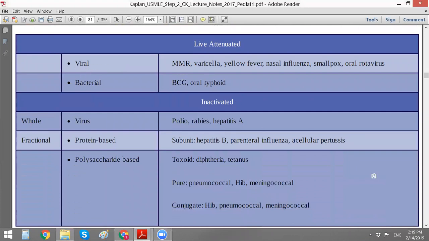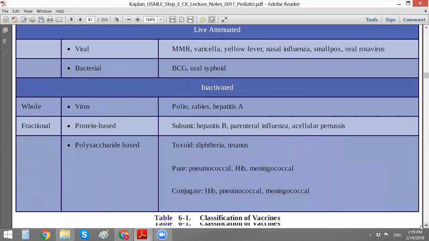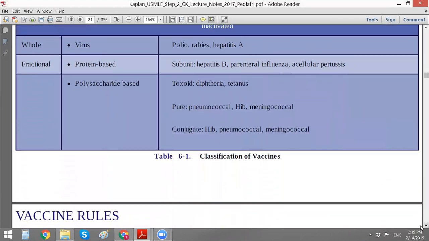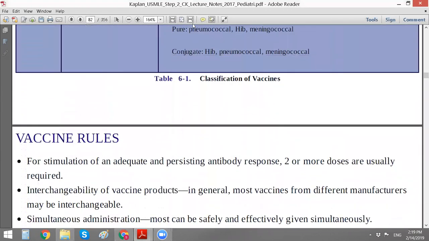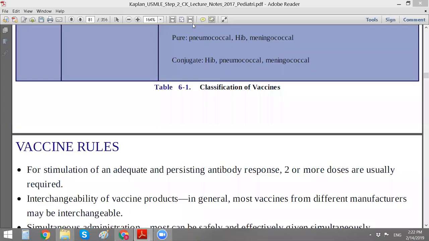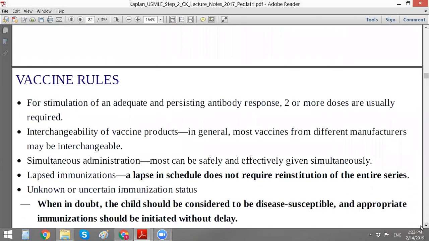Viral, bacterial, we know all this. So, vaccine route. For stimulation of an adequate and persisting antibody response, 2 or more doses are usually required. Interchangeability of vaccine products: in general, most vaccines from different manufacturers may be interchangeable.